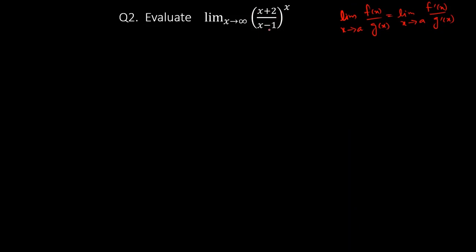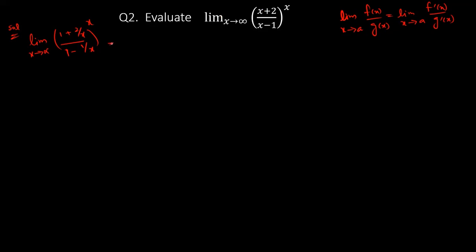So let's try to solve this question, and we cannot see the f by g form here. If we apply the limits directly, before applying the limits, let's rewrite it. We can rewrite x + 2 in this form, and this thing is in this form to the power x.